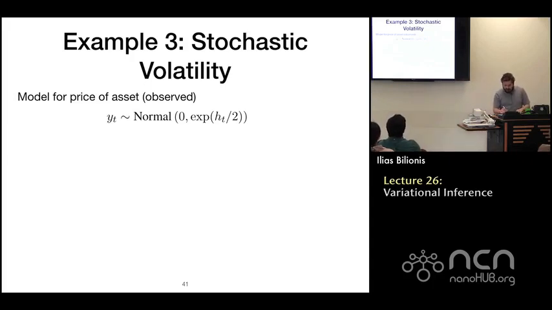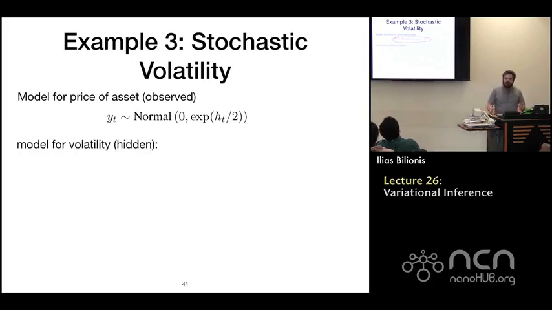You assume a model for it. The model is that its price is normally distributed with a variance that may depend on time, and that is called the volatility. The log of the variance is called the volatility.